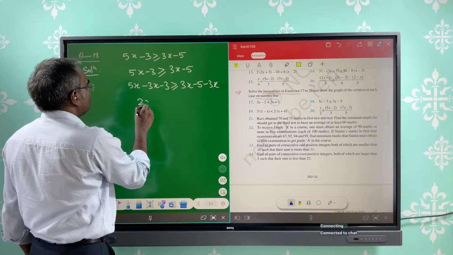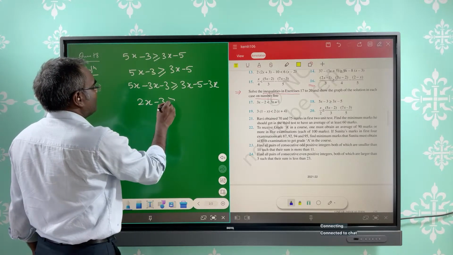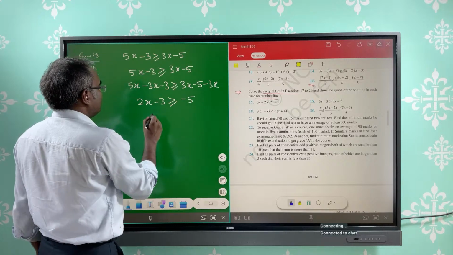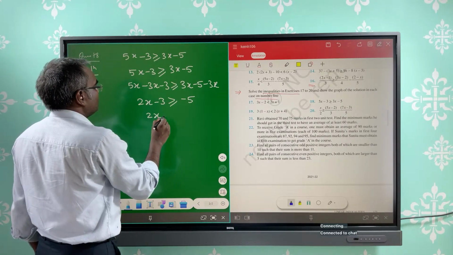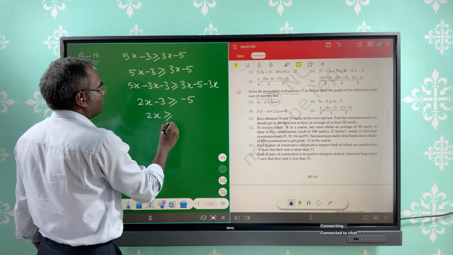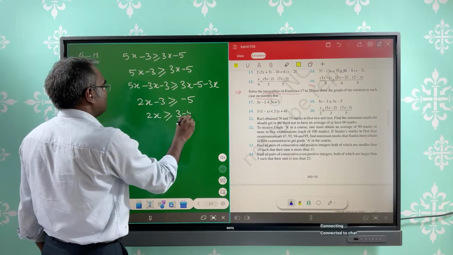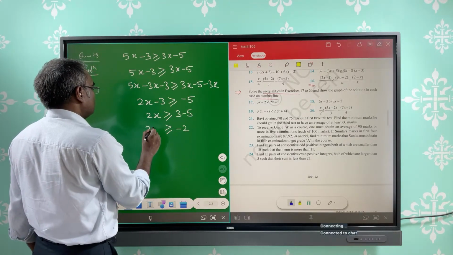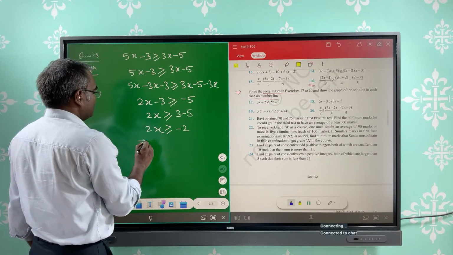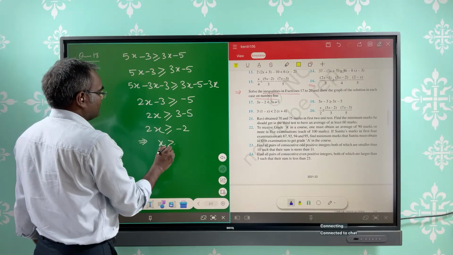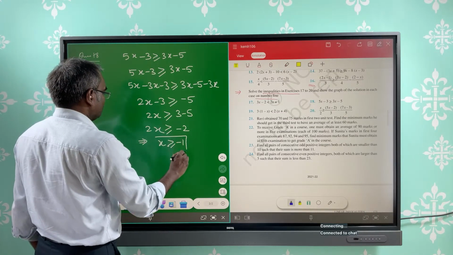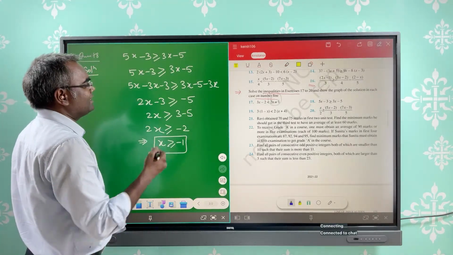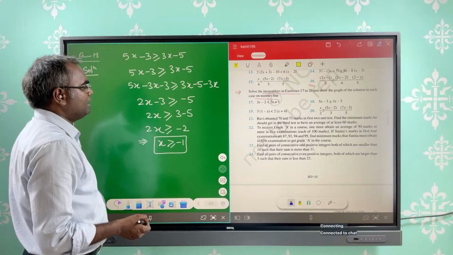So basically we have 2x minus 3 greater than or equal to minus 5. That means we have 2x greater than or equal to 3 minus 5, that is minus 2. So x is greater than or equal to minus 1. This is the value for x that satisfies this inequality.